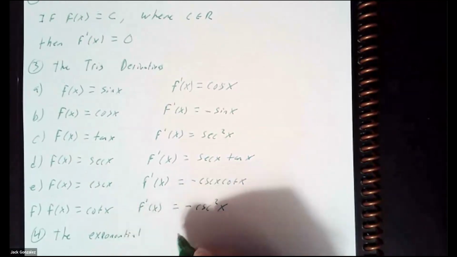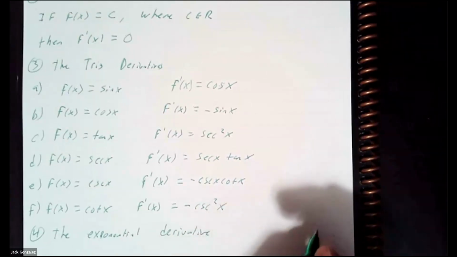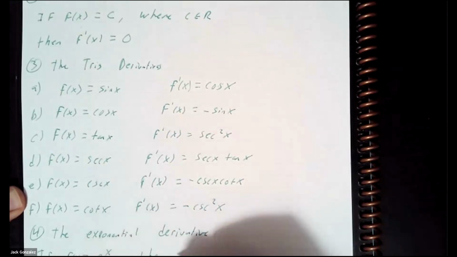The exponential derivative: if y is equal to e to the x, I should stay consistent, f of x, then f prime of x is equal to the same thing.